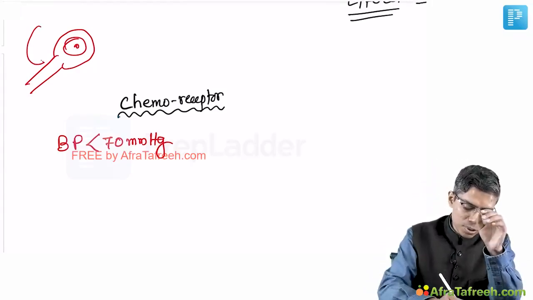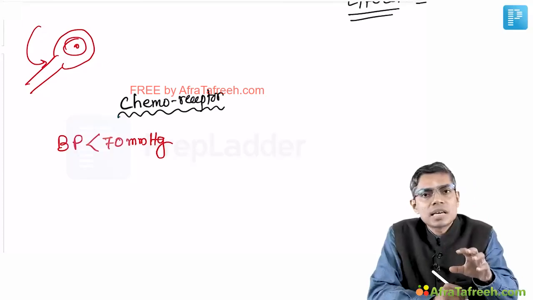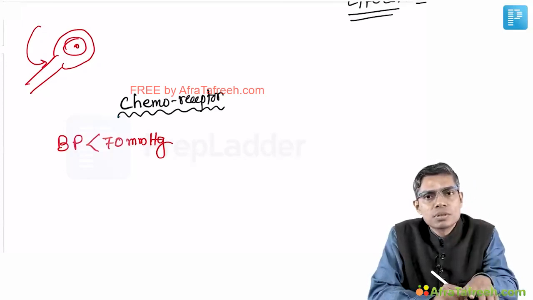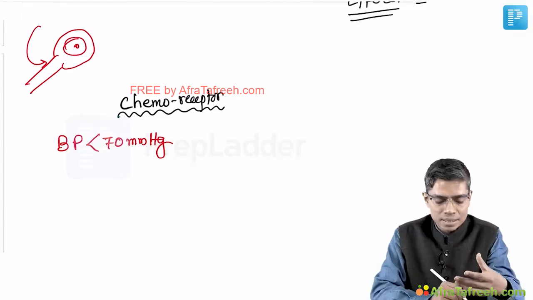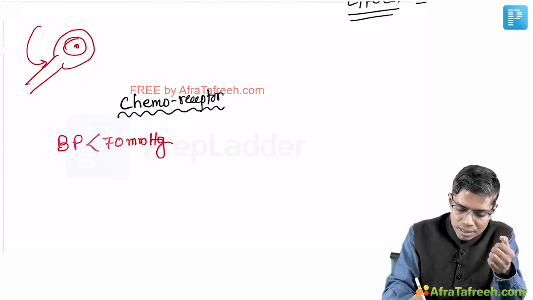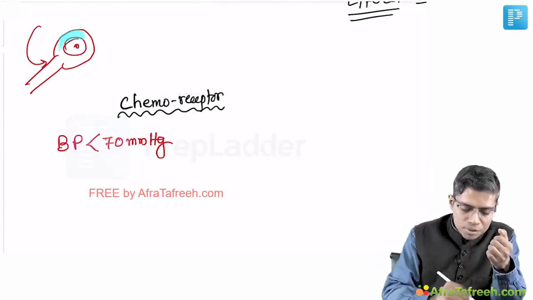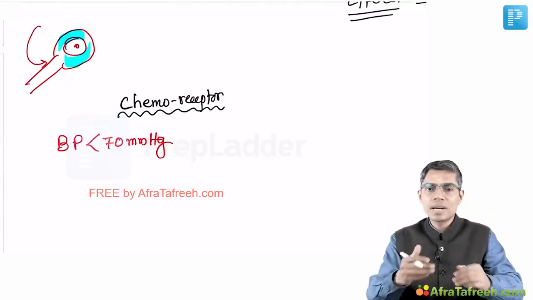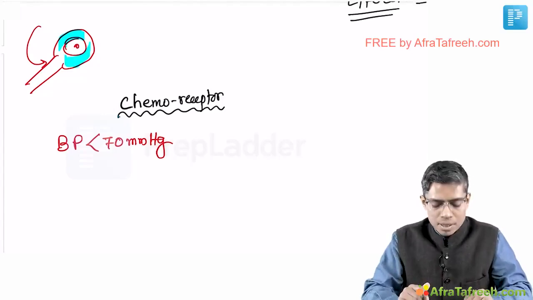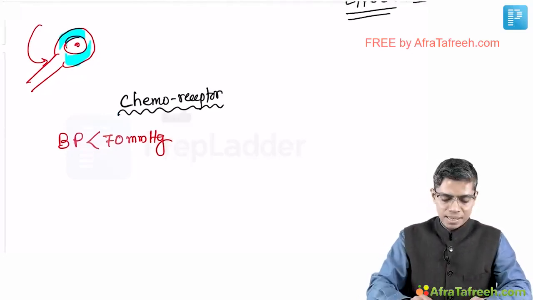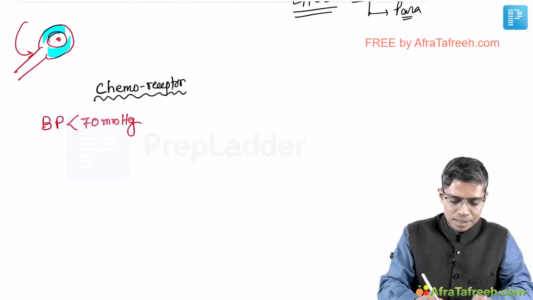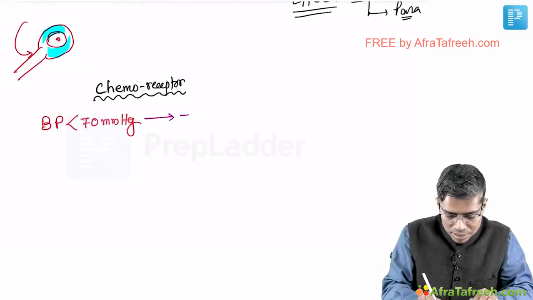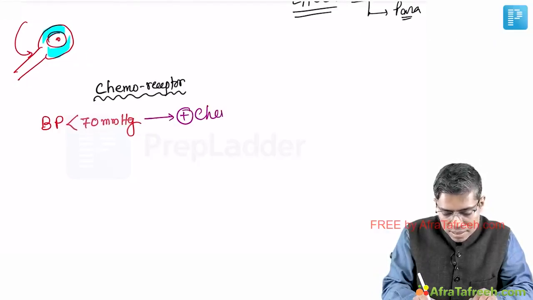Decreased blood pressure means the perfusion or the blood flow occurring at the level of this carotid body and aortic body is reduced. So obviously there will be creation of local hypoxia surrounding this glomus cell. There will be creation of local hypercapnia surrounding this glomus cell. This local hypoxia and local hypercapnia is going to stimulate the chemoreceptor in this scenario.